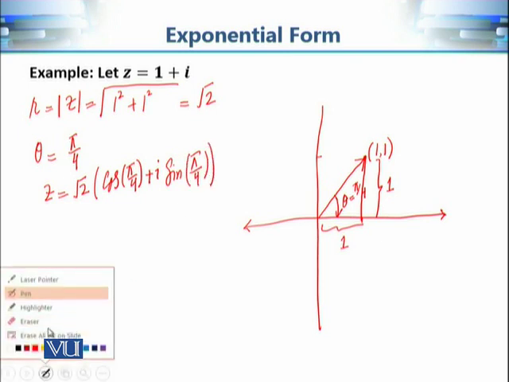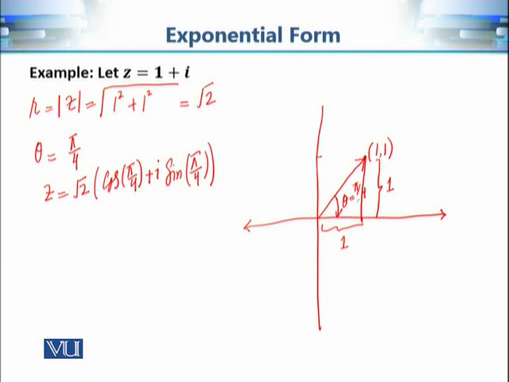Now observe that we can also take the angle to be this one. So instead of taking the angle to be pi by 4, we can take one round and then calculate this angle. So in other words, the angle that this vector makes with positive x-axis can also be taken to be pi by 4 plus 2 pi.